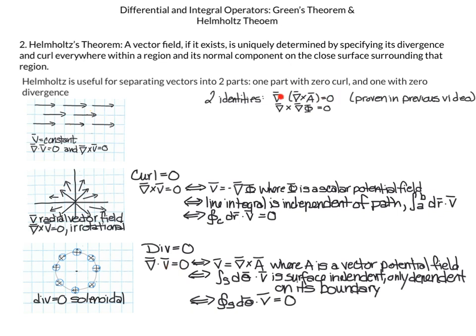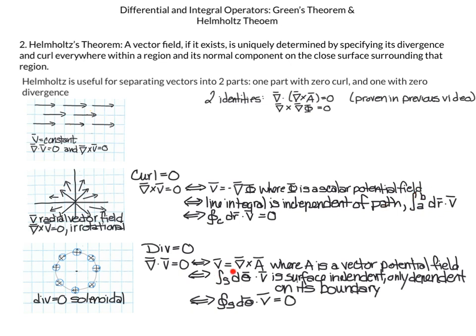From this identity, that means we can express V as the curl of some other field A, where A is a vector potential field. Equivalent to that is the fact that the surface integral is going to be independent of the surface if we have divergence equals zero. And so all we need to know to do the surface integral is its boundary. Sort of like over here, when we have a line integral independent of path, all we need to know are the endpoints.